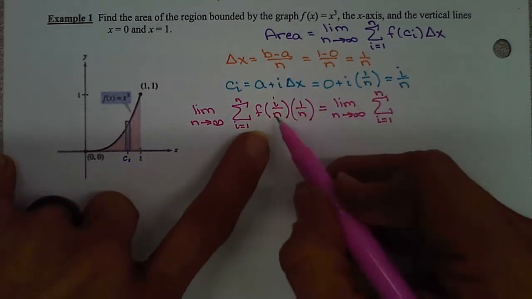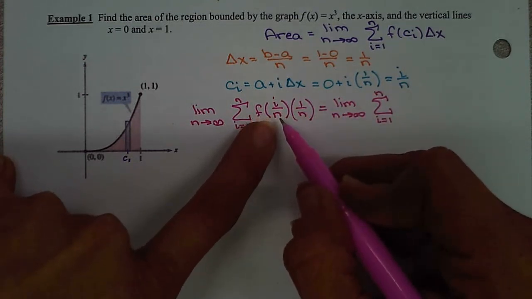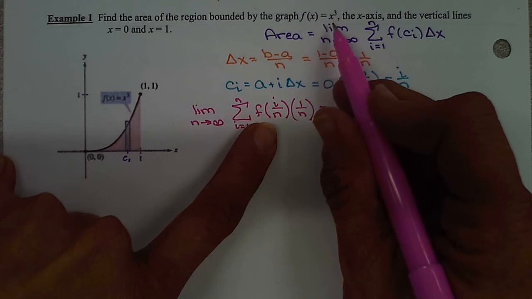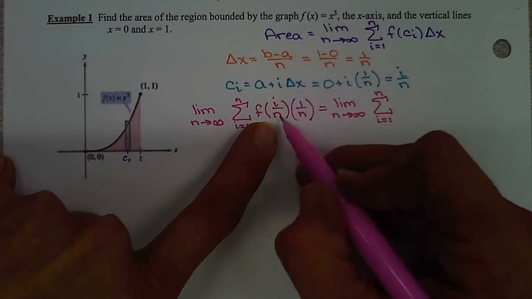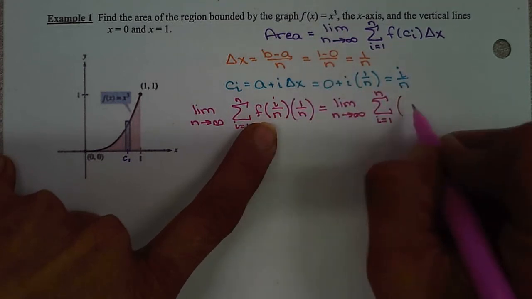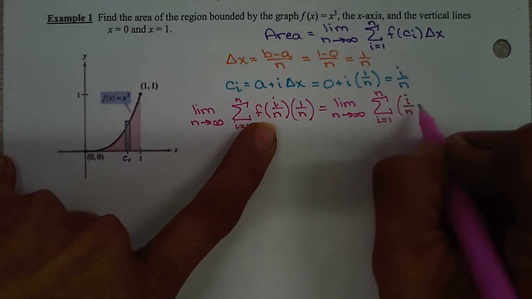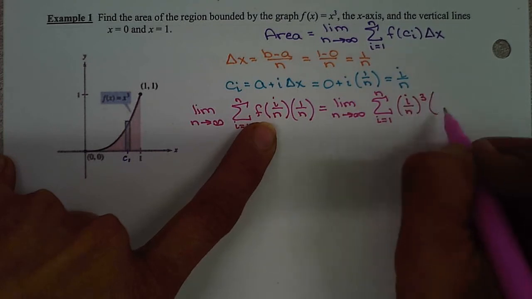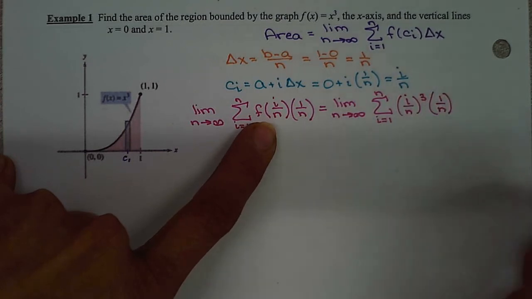And now here, if I plug an i over n into my function, x is getting cubed, so I need to cube this i over n. So it's going to be i over n quantity cubed times that delta x, 1 over n.